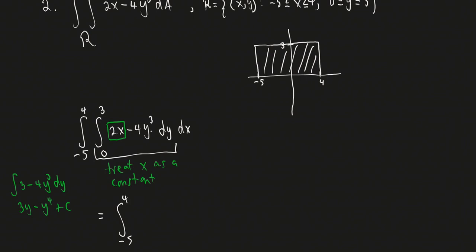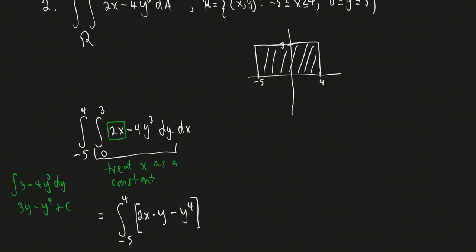So now let's write down what the antiderivative of the surface is with respect to y. It is going to be 2x, that's my constant, times y, and then minus, integrating this with respect to y, add 1, divide by the power. This is going to give me y to the 4th. And this is where that square bracket notation is helpful.